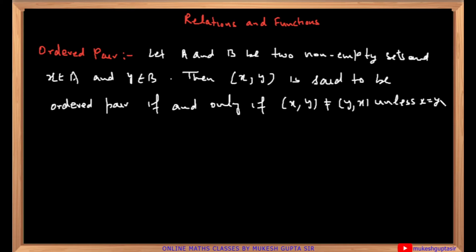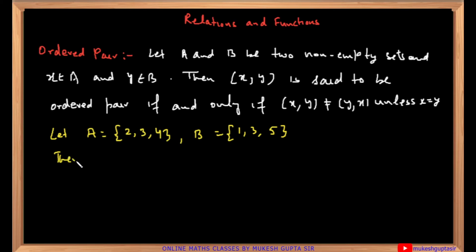That means these two will be equal if and only if X equals Y. Otherwise (X, Y) is not equal to (Y, X). Let A be a set having elements 2, 3, 4, and B another set equal to 1, 3, 5.